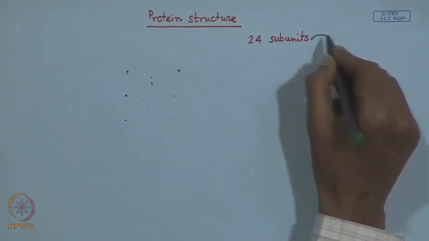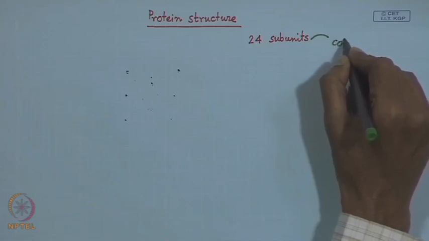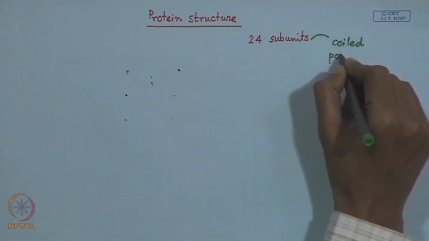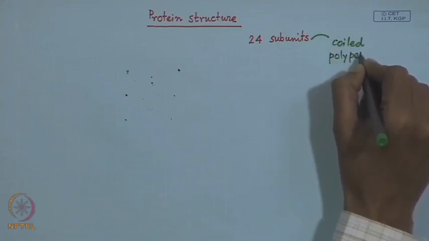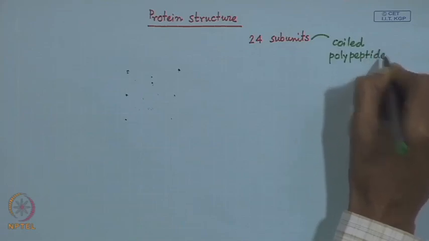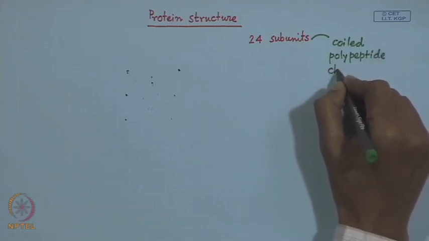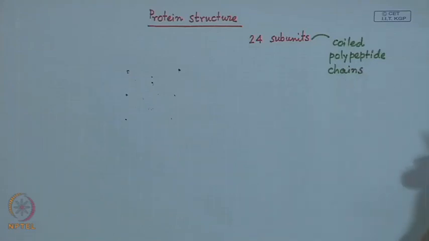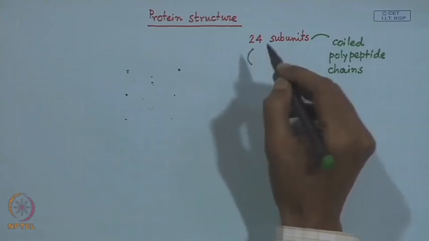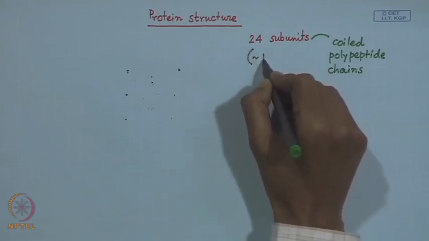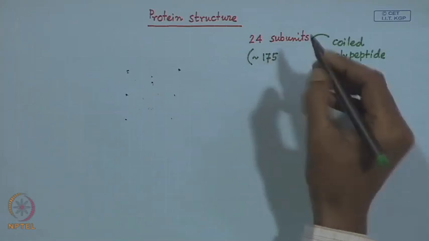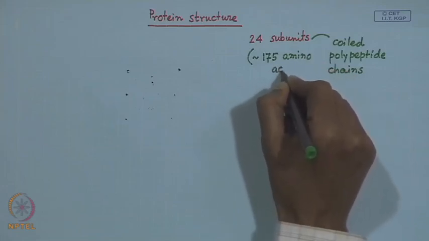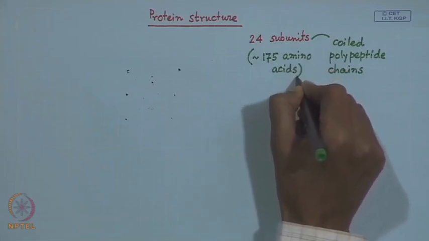So, these subunits are nothing but coiled polypeptide chains, and the length of one particular subunit is also known, and it is formed from 175 amino acids.